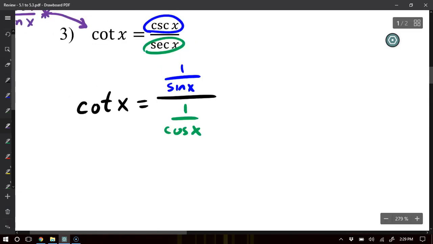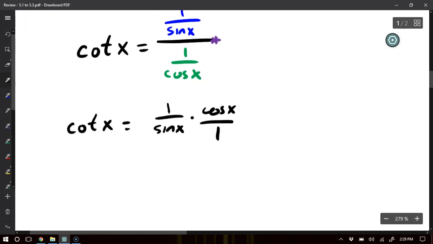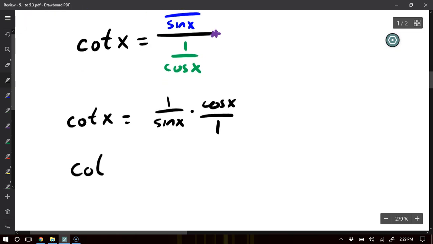So if I take a look, I'm dividing by a fraction. If you watched the previous videos that we've done, we notice this is another theme that pops up. Dividing by a fraction means that you flip the fraction at the bottom and you multiply. So I have 1 over sine of x times cosine of x over 1. And notice that gives you 1 times cosine of x is cosine of x. Sine of x times 1 is sine of x.